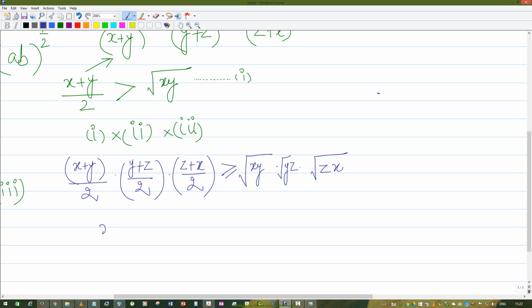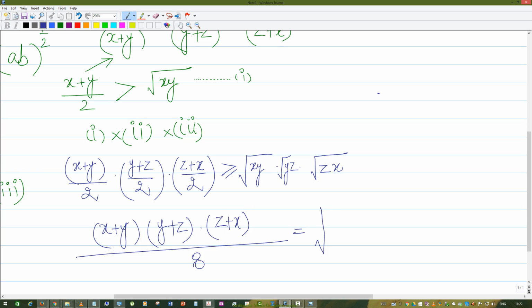So this is going to be (x plus y) multiplied by (y plus z) multiplied by (z plus x) upon 8, and in the square root we will have x square, y square, z square.